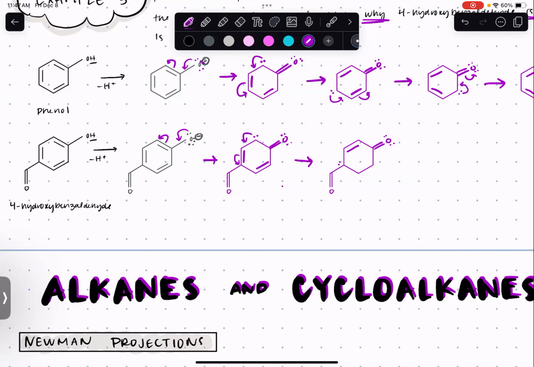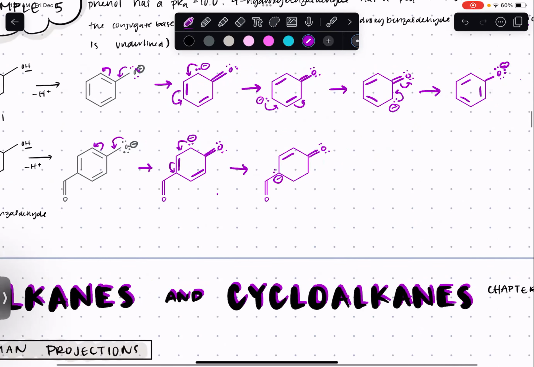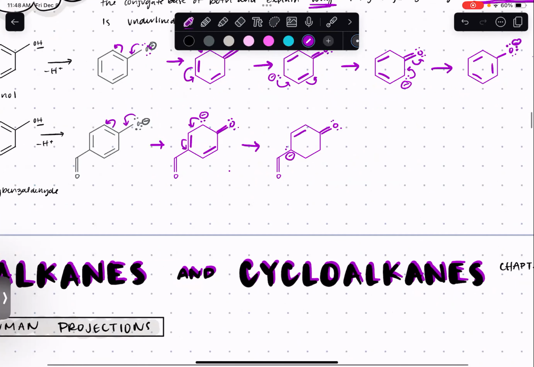And we get our lone pair there. And I just realized I forgot to put negative charges with all of these. So, okay. Now what we can have happen is we can have this lone pair push down like this, and then this one push up.